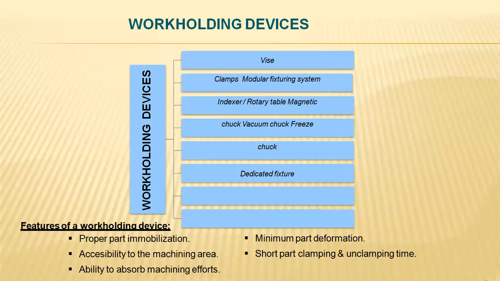And nominally, we have these work holding devices such as vices, which are a permanent fixture for fixing the objects, clamps, modular fixturing system, indexer or rotary table, magnetic chuck, vacuum chuck, freeze chuck, and the dedicated fixtures.